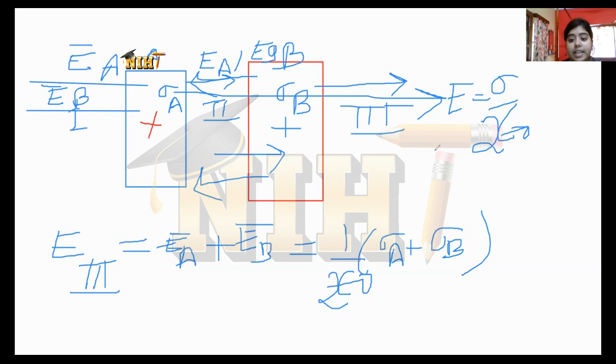Now suppose the magnitude of the surface charge density on both plates is the same, sigma, and they are oppositely charged.